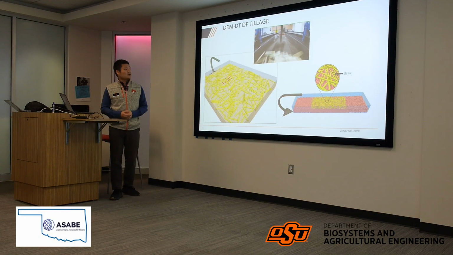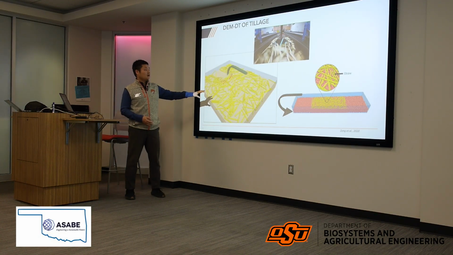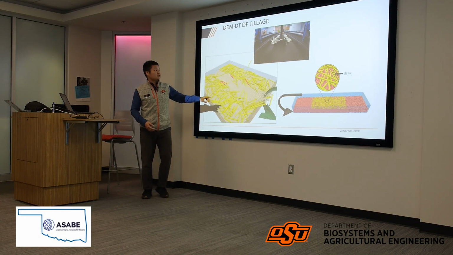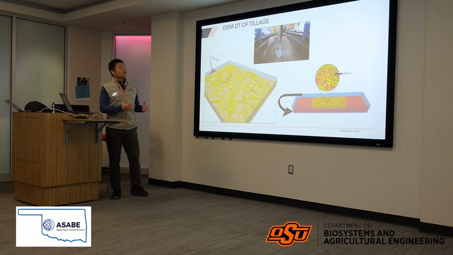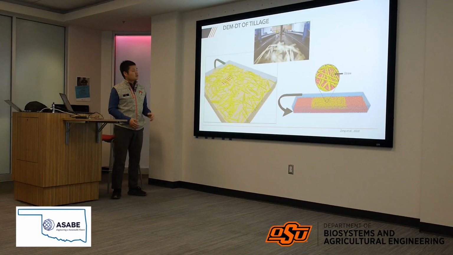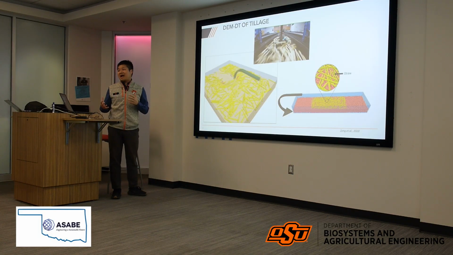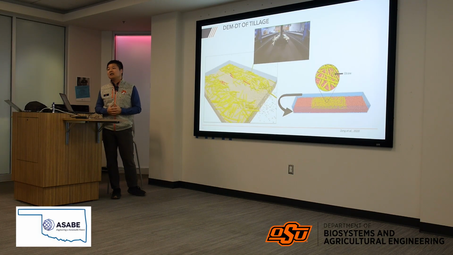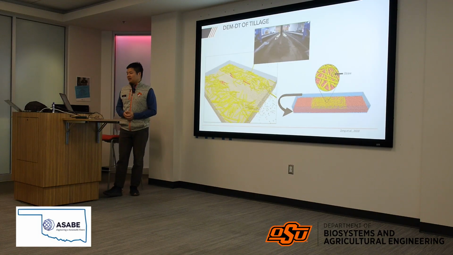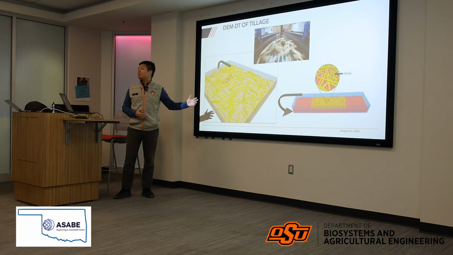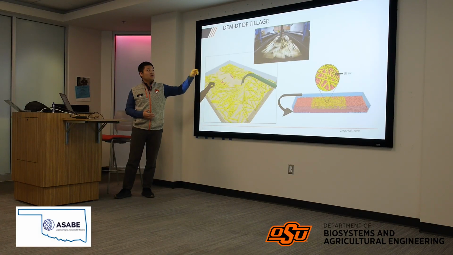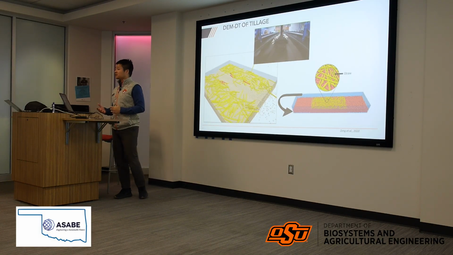And this is a side-by-side comparison of what's happening in the virtual or digital world versus what's happening in the physical world. They are timed to the same time stamp, so you can see they match each other pretty closely. So you can say the model is capable of capturing most, if not all, major soil dynamics behaviors.